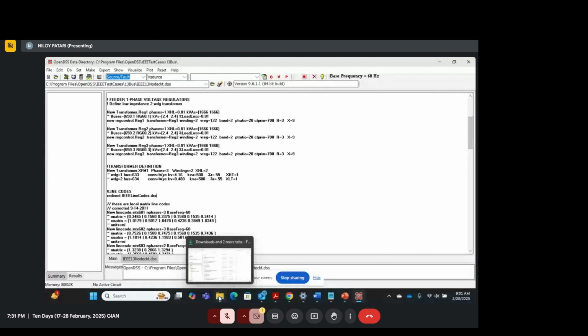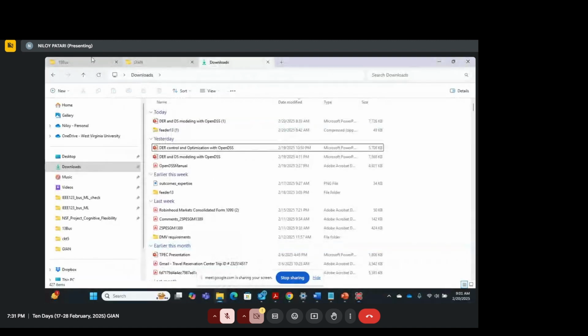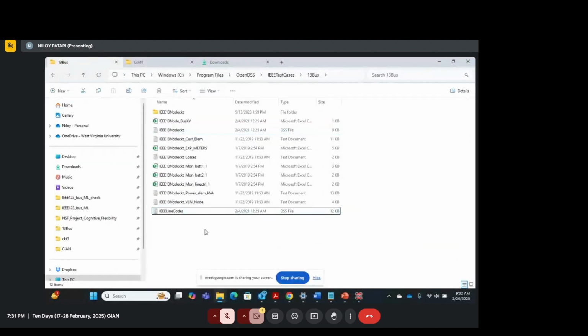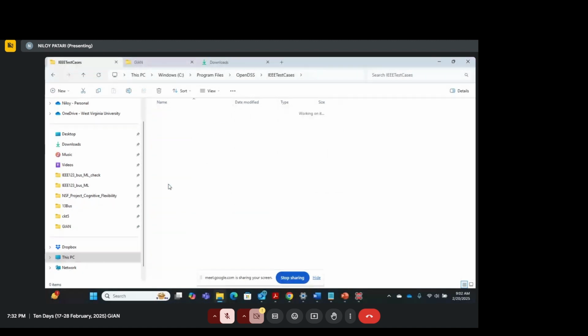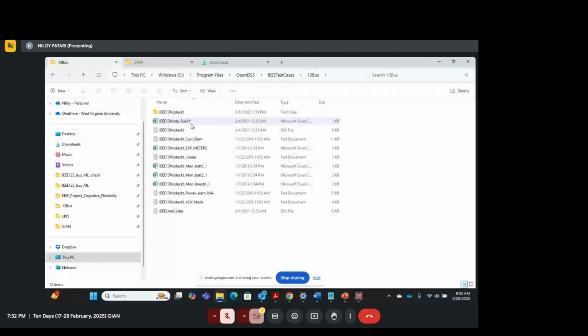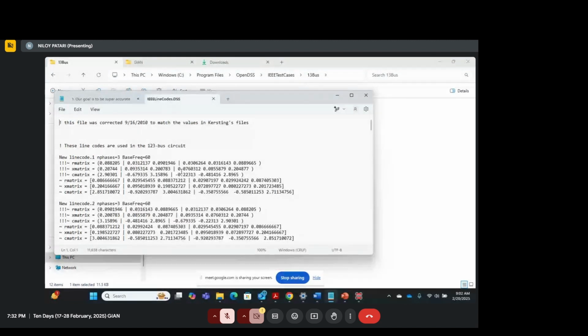Where will you find that? You'll find it in the same folder. If you go to IEEE test cases, go into the 13 bus system, then you'll find this IEEE line codes, which is another DSS file. If I open it, it will show all of these different line codes.